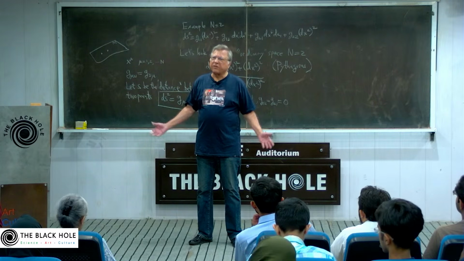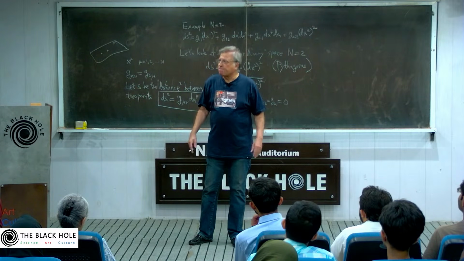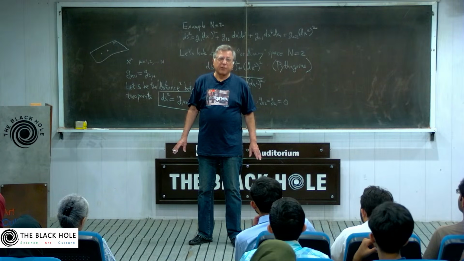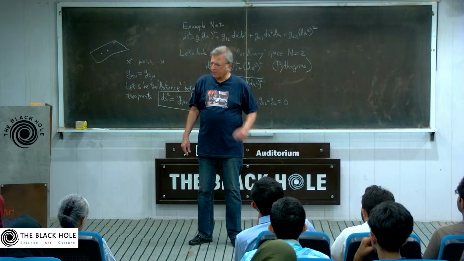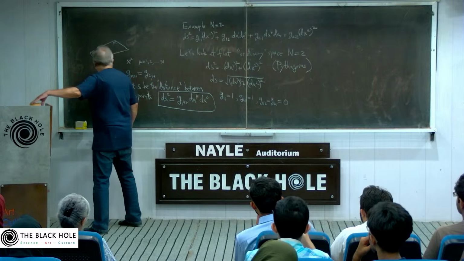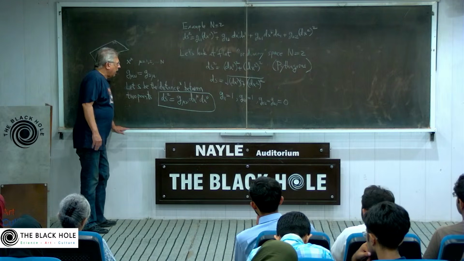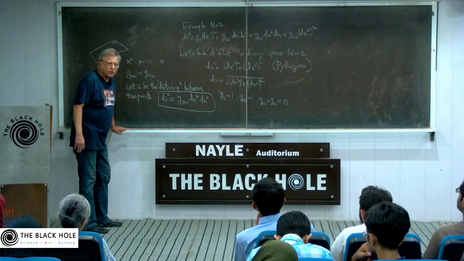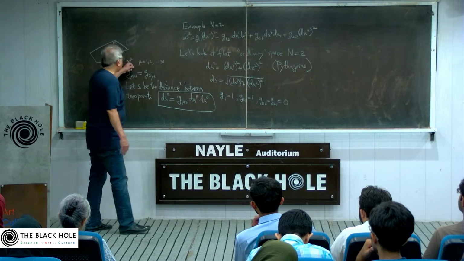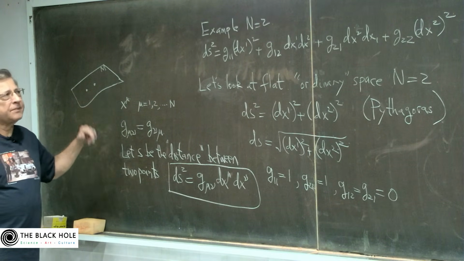In general, it will be given to us by God. But let's work out some other examples so that we understand where g_mu nu comes from. Okay. So before I go on, in what we will do today, it makes no difference whether I put the index up or I put the index down.